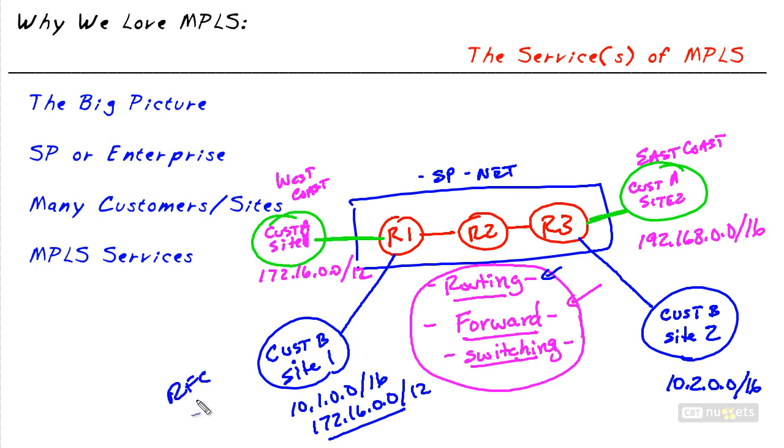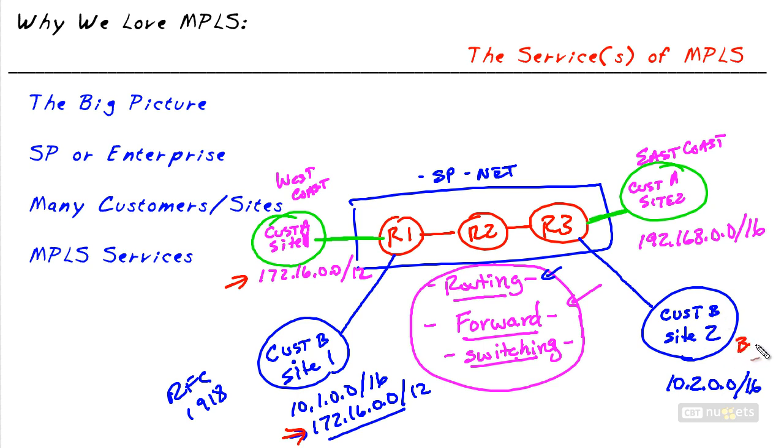Customer B is totally within their rights to use that address space, and as a service provider, you and I have to keep this 172.16 address space separate from this 172.16 address space. And here's why.